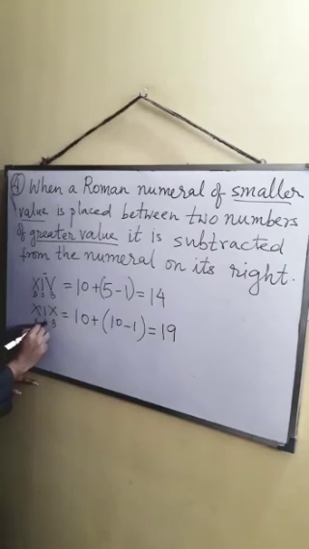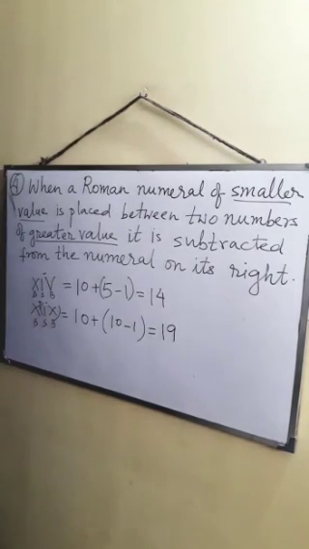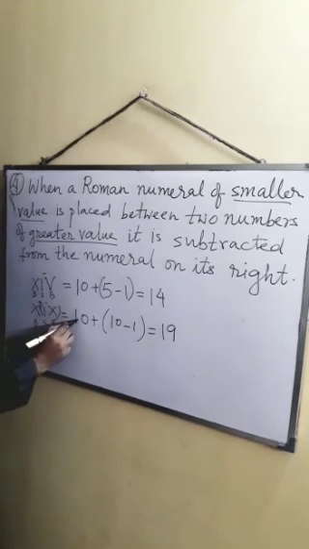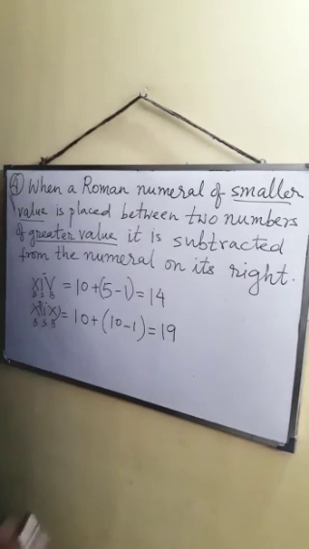This smaller number will get subtracted from the bigger number on the right side, and these two will get added to the bigger number on the left side. So the left side bigger number is 10, plus 10 minus 1. 10 minus 1 is 9, and 10 plus 9 is 19.